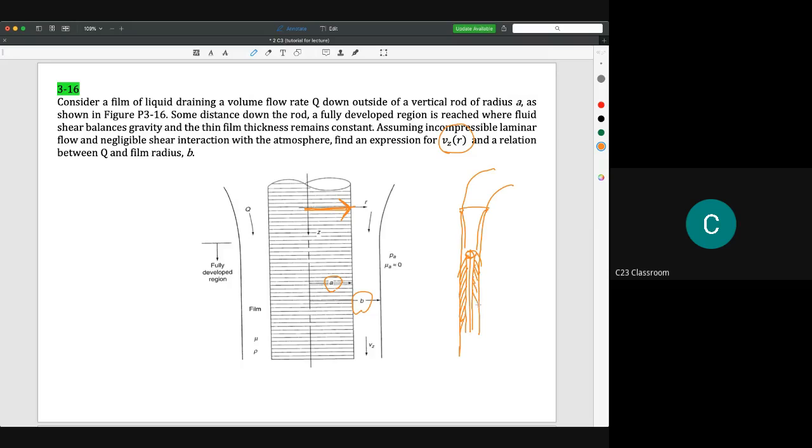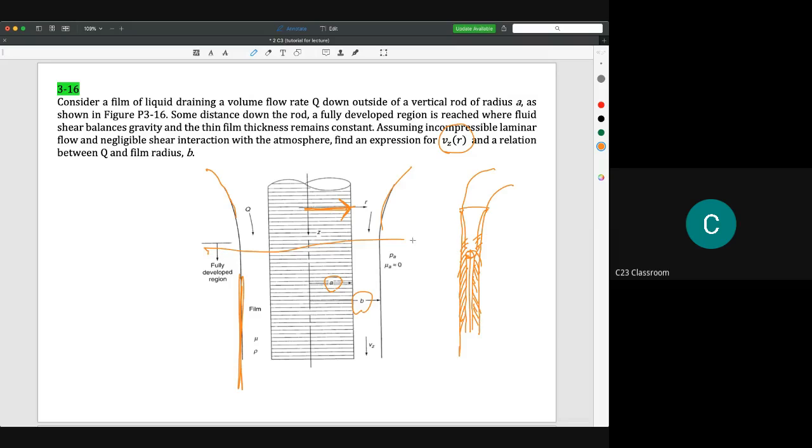As I explained previously, in flow in a pipe, for example, we have a developing region and a fully developed region. So we assume that after a certain length, the flow is now in a fully developed region.